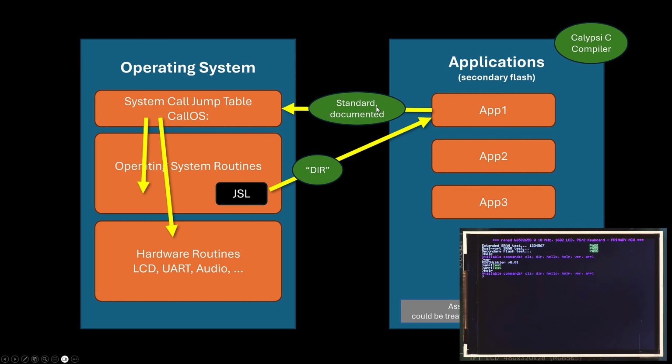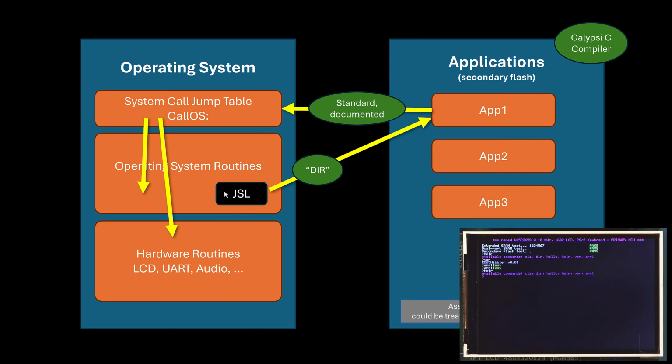It turns around and makes some calls back to the jump table call OS. And that call OS is making a sub call basically to then write out to my TFT LCD. And then it returns, it does the next character, it does that 4 times, and then at the end of that it returns back to whatever called it in the operating system, which then gets me back into my normal processing from the OS side.